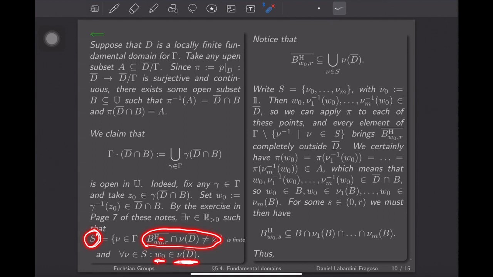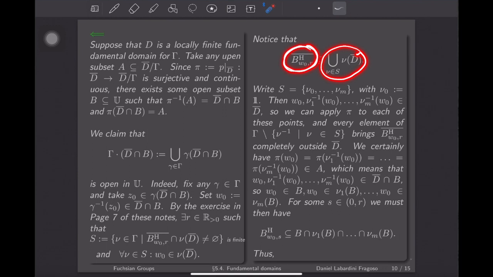But my point is that that eta is already taken into account, and so since eta is one of these, what I conclude is that the point that you gave me was in this union already. Right?